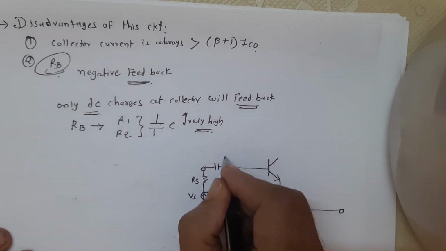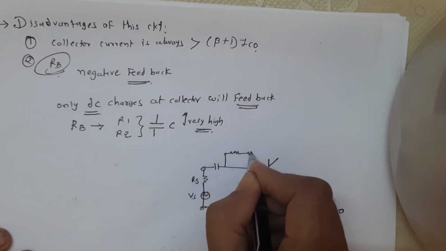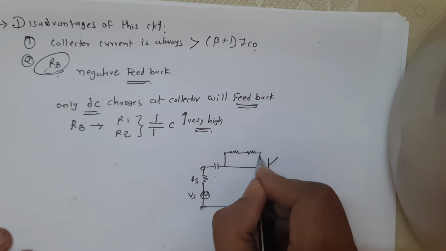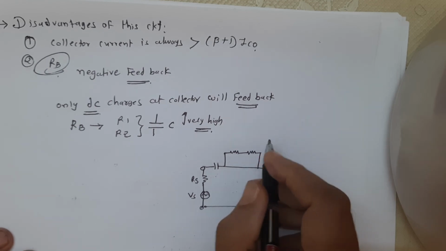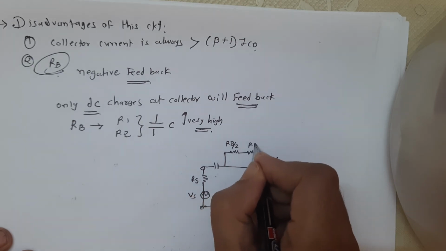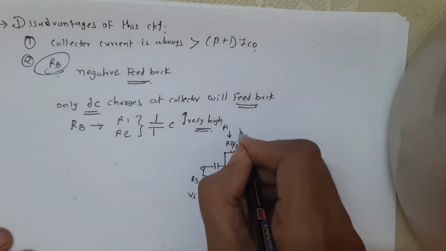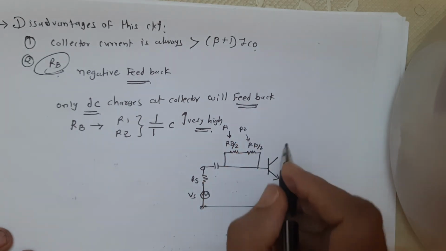Instead of RB, we use R1 and R2 such that R1 is equal to RB upon 2, and R2 is also RB upon 2.